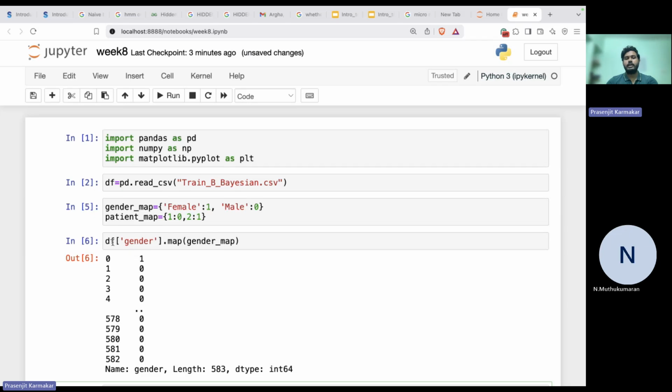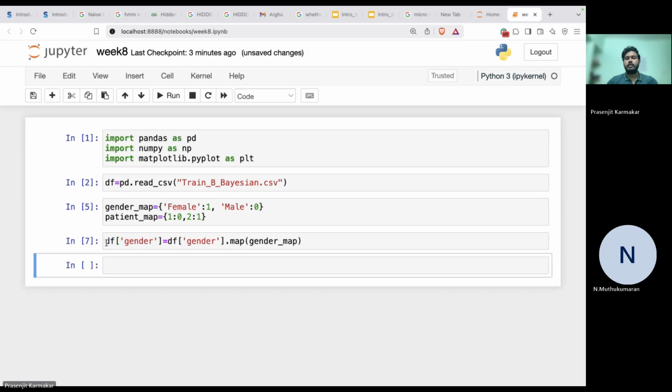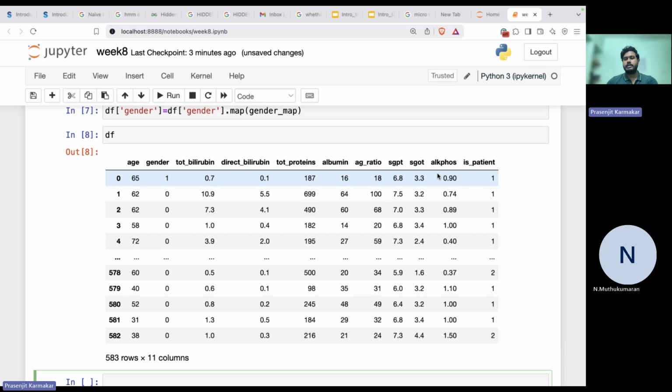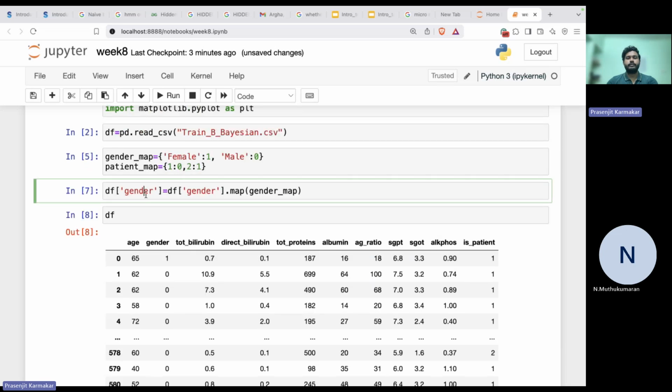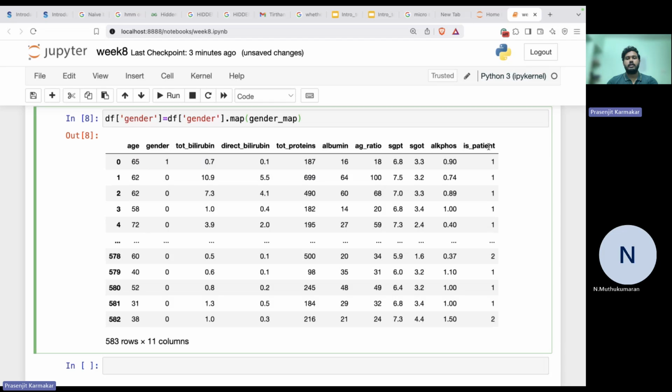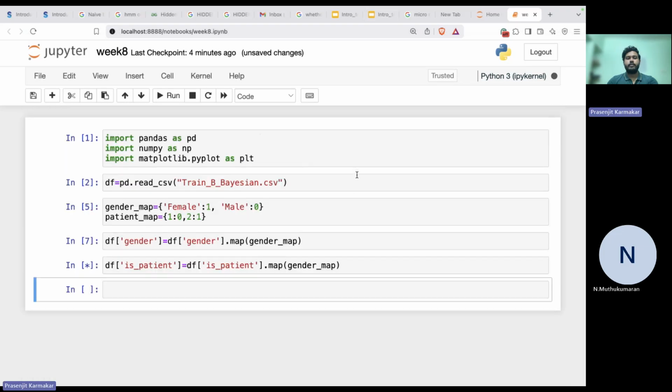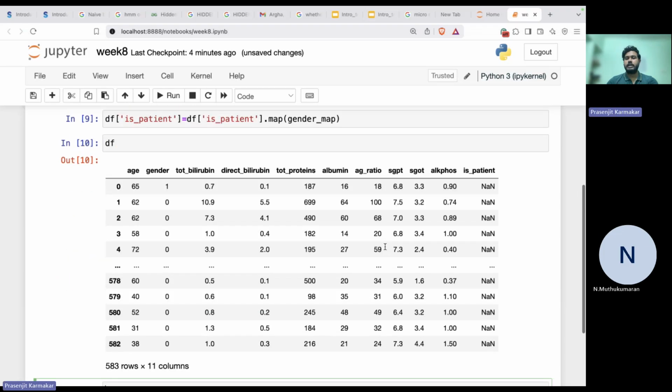This is how we get the data. Just put it back in the same column. Now that column is now 1s and 0s. And is patient, we also have to copy this, so we have managed to process the data.